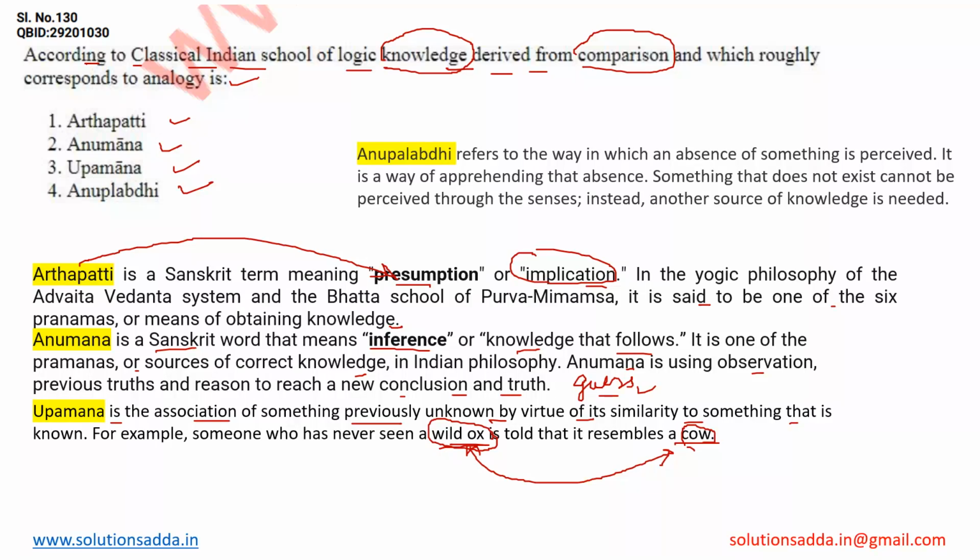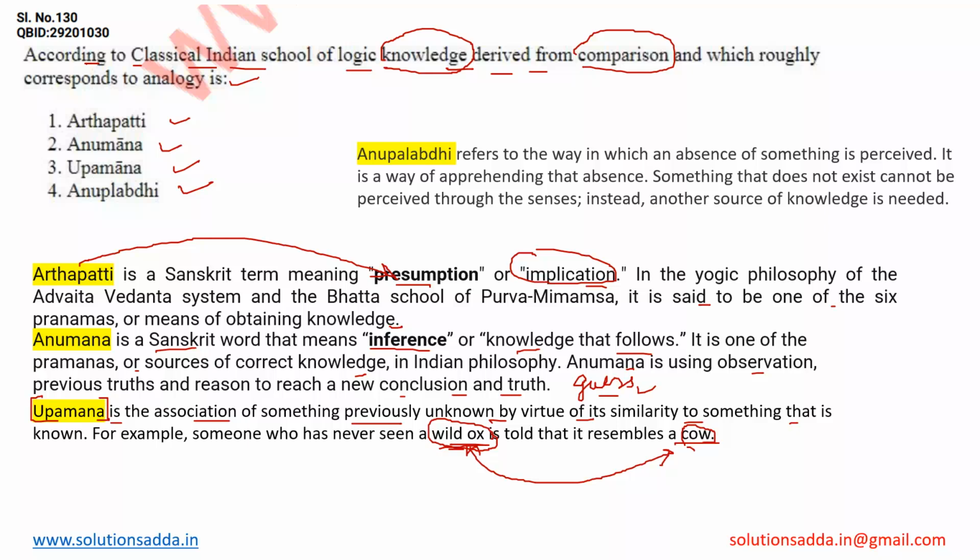You explain to that person that a wild ox might look like a cow. So Upamana is something in which we are comparing. Although Upamana is the right answer for this question, let's read the next term as well.